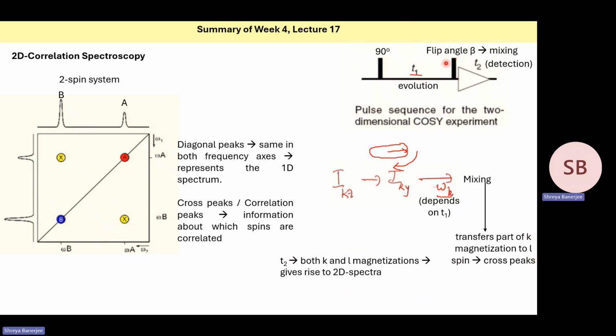And then of course you have the time T2 where you are detecting both the K and L magnetizations, and you are getting a 2D spectra.